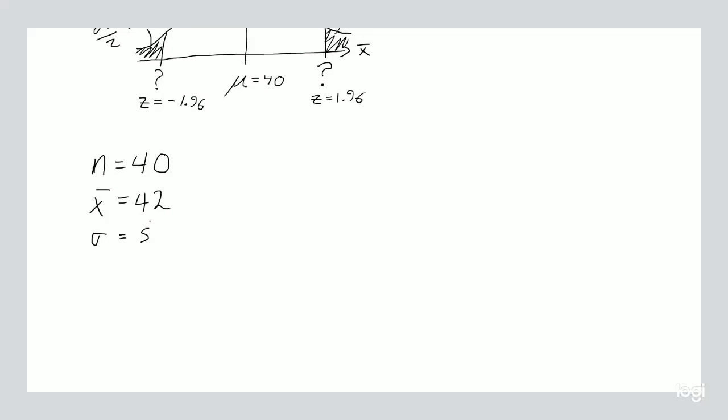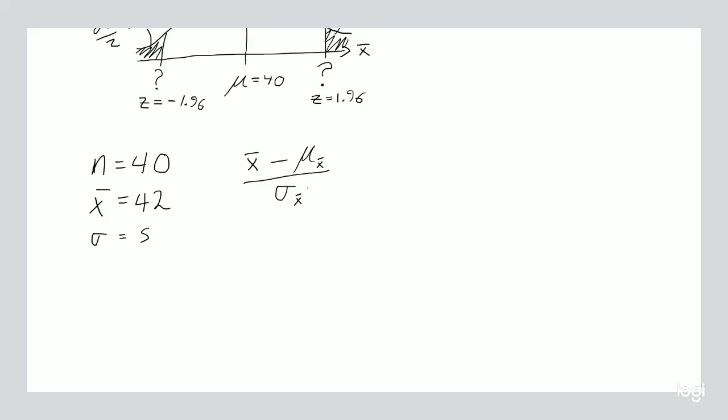So, are we in the rejection region or not? In order to do that, we have to take our sample mean and present it on the Z scale. And doing that, that's called our test statistic. So, x bar minus the population mean divided by the standard deviation. Now remember, this is the population mean of sample means.